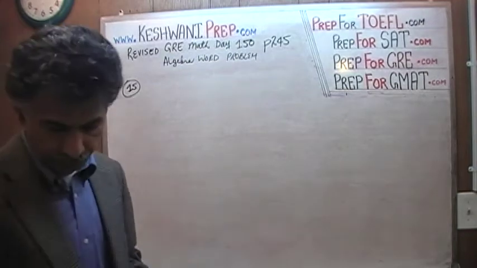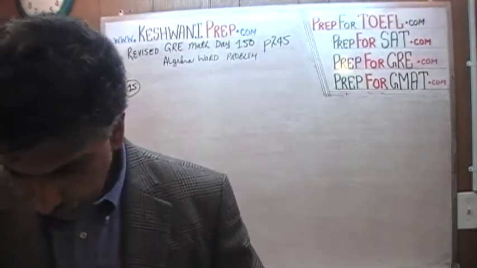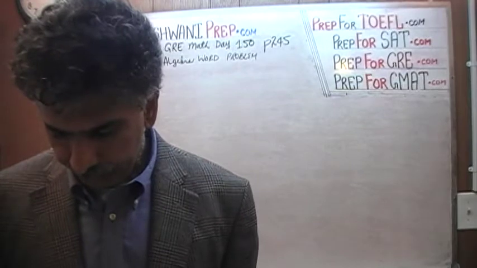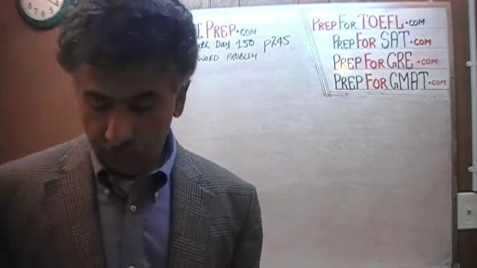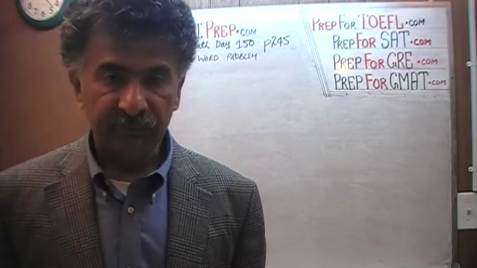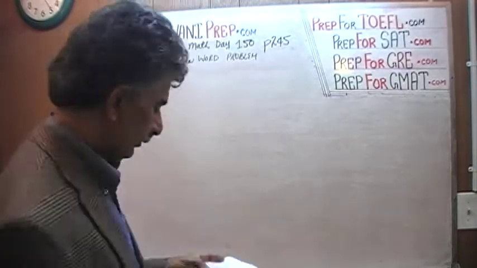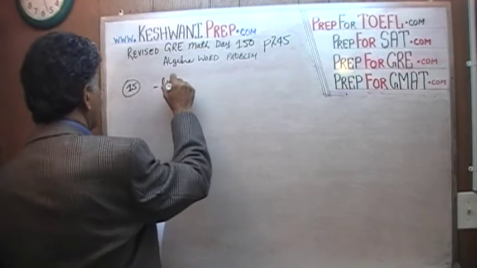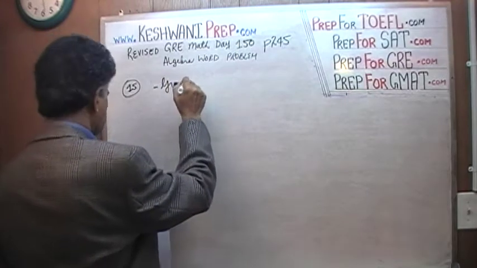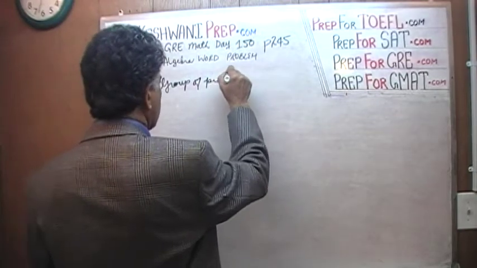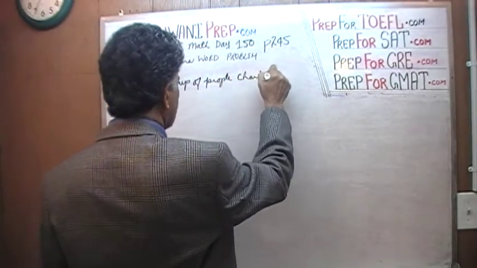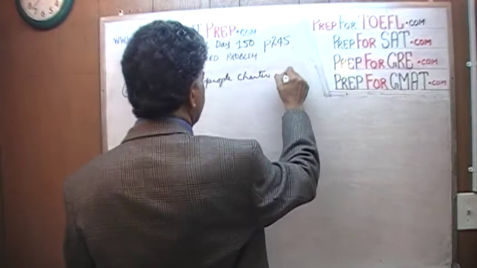Let's see what the problem has to say. It says a group can charter an aircraft at a fixed total cost. So that's the first sentence. A group of people charter an aircraft.